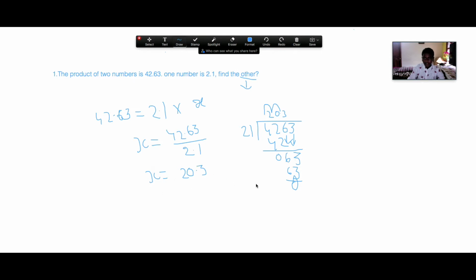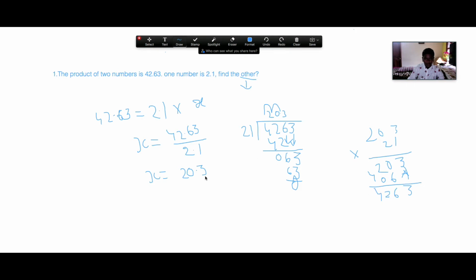So now let's double check it, friends. 20.3 into 2.1, right? So we should not do point. So 3 ones are 3, 1 zeros are 0, 2 1 twos are 2, 2 threes are 6, 2 zeros are 0, 2 twos are 4, 3 6 2 4 2.